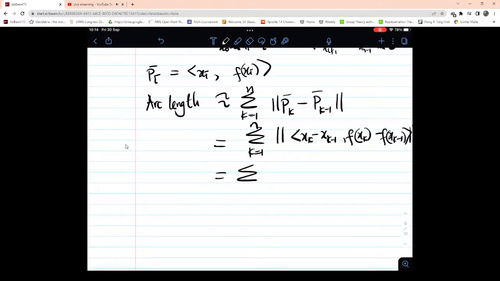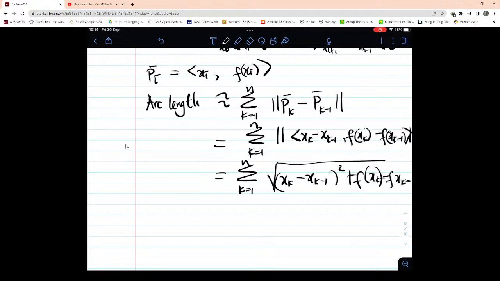This is equal to the square root of (xk minus x(k-1)) squared plus (f of xk minus f of x(k-1)) squared. That's how we find the norm of a vector like that.